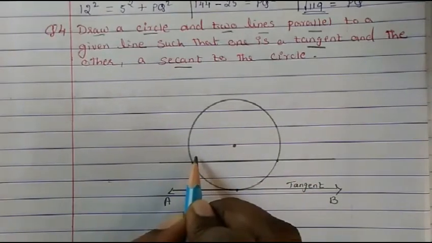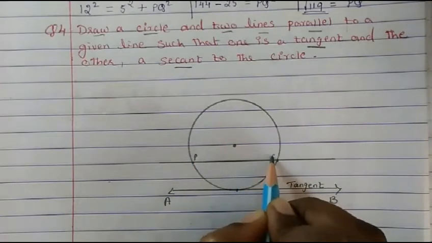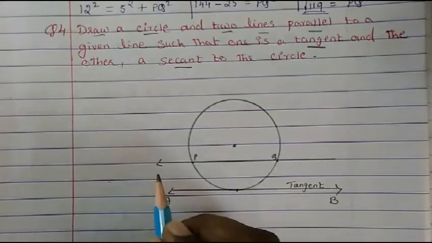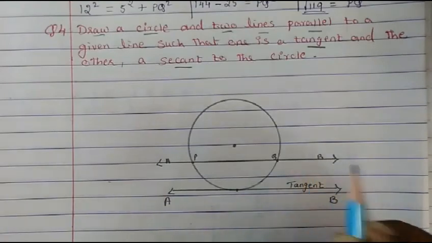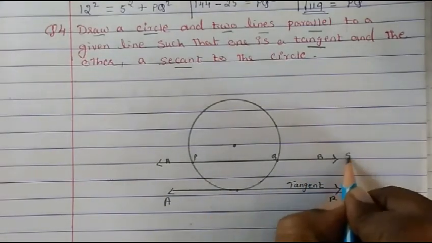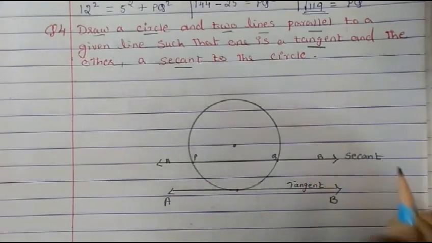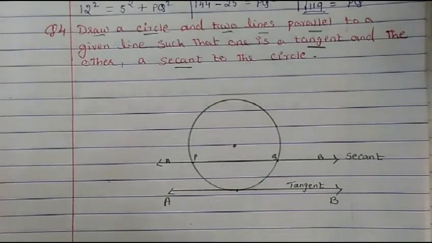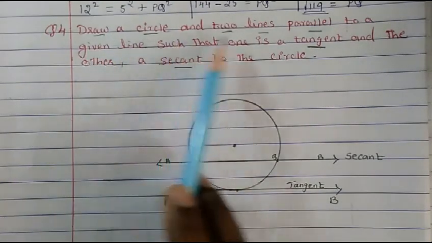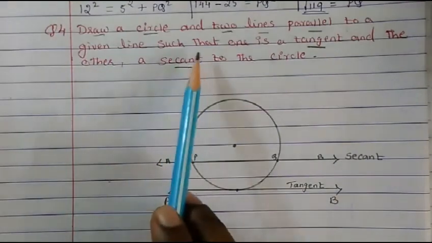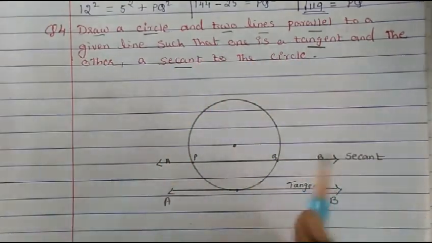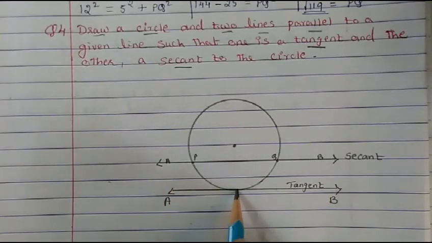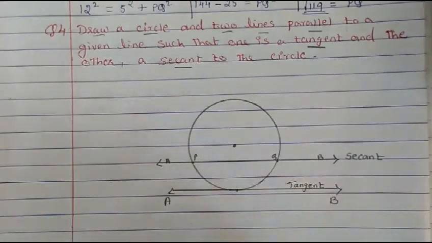You can name these points as P and Q. This is our secant, because that's what they are asking us: draw a circle and two lines parallel to a given line such that one is a tangent and another one is a secant. This is our secant because it is passing through the circle, and this is just touching at one point. So this is the tangent and this is the secant.